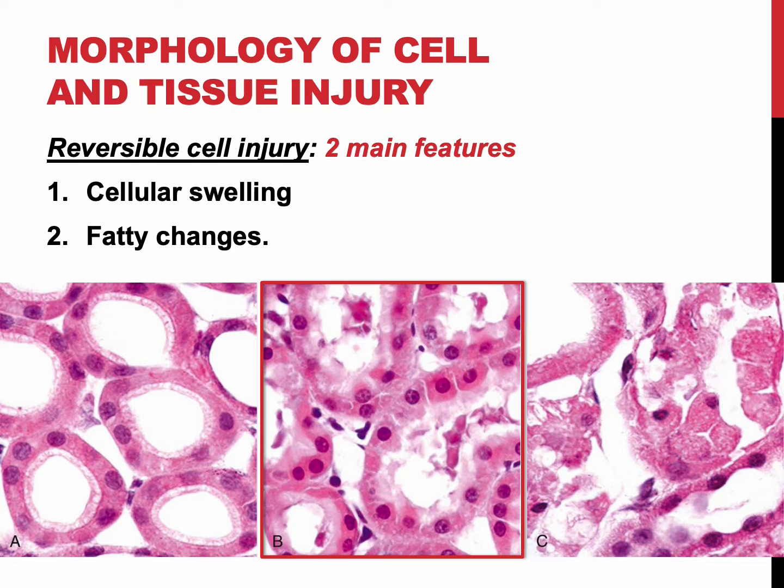In the middle, in B, these are examples of reversible cell injury. You can see that these cells are bigger or more swollen compared to the other cells, but there's also some lipid accumulation around those cells, which represents these fatty changes.